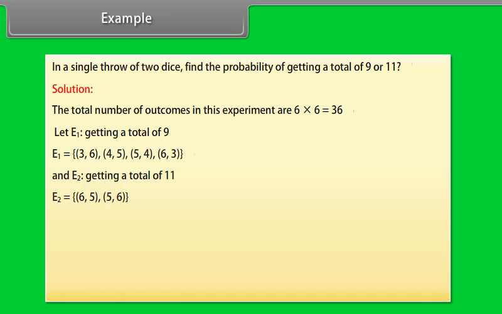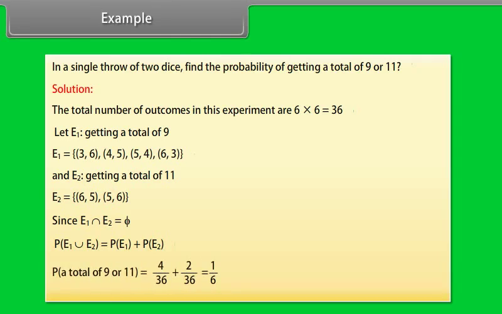E2 is equal to (5,6), (6,5). Since E1 intersection E2 is equal to empty set, P(E1 union E2) is equal to P(E1) plus P(E2). P of a total of 9 or 11 is equal to 4 by 36 plus 2 by 36 is equal to 1 by 6.